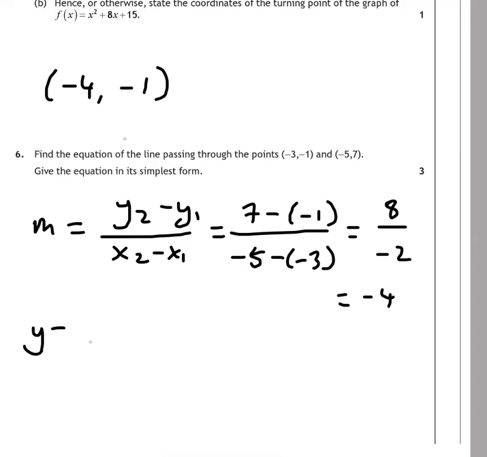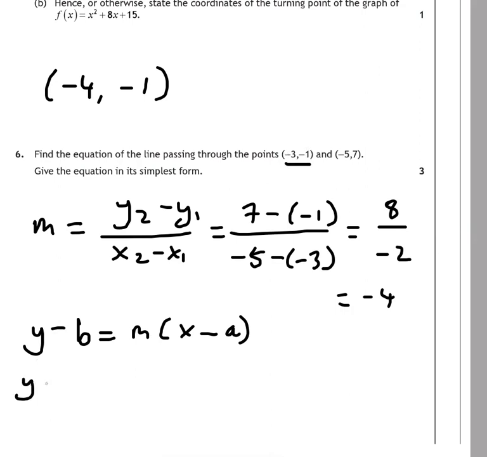And then we'll just use the formula for finding the equation of the line when we're given the gradient and the point on the line. So that's this formula over here. And the point I'm going to use is this one, but you can use this or any other point if you know another point on the line. So I'll just use this one. So b is -1, a is -3.